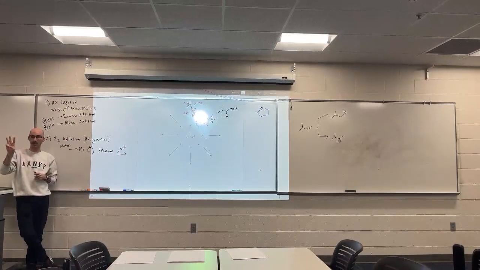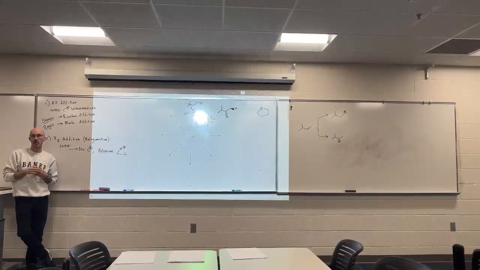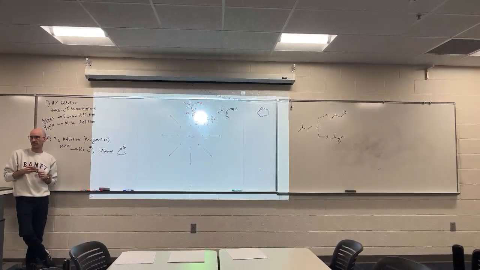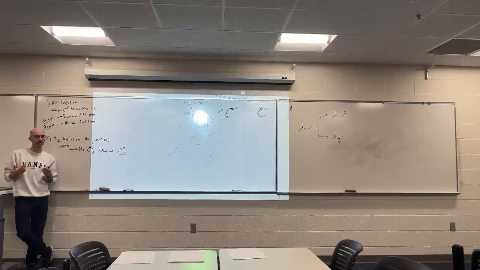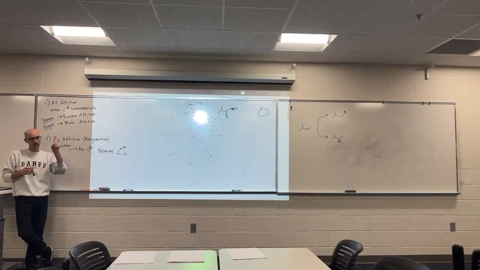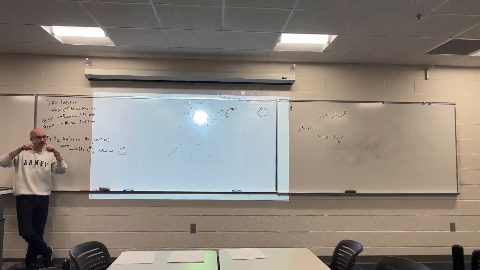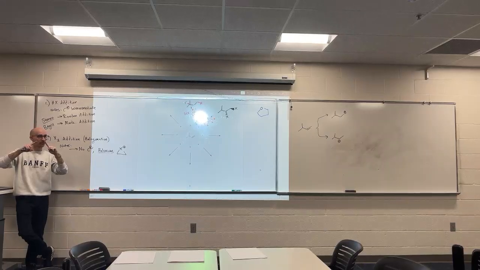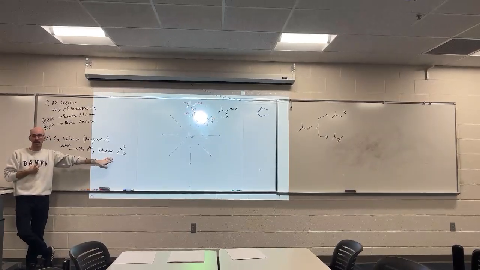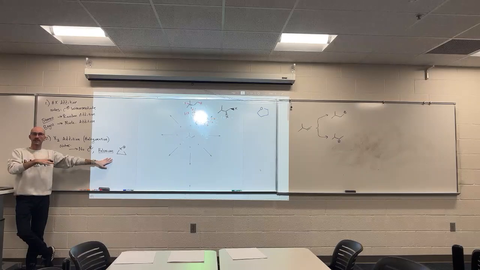It's a three-membered ring with a positive charge on the halogen. How many bonds do halogens typically make? One. So when a halogen has more than one bond, it's sharing more often than it wants to. It takes on a positive charge. This is our halonium intermediate. The positive charge is not on a carbon. We're going to look more at this intermediate when we get into the mechanisms later.